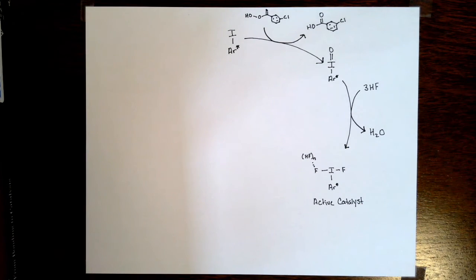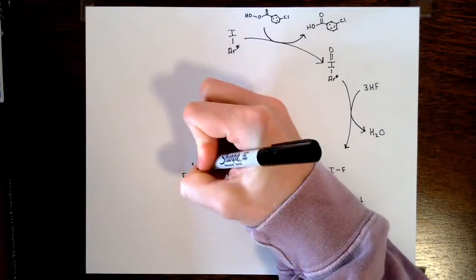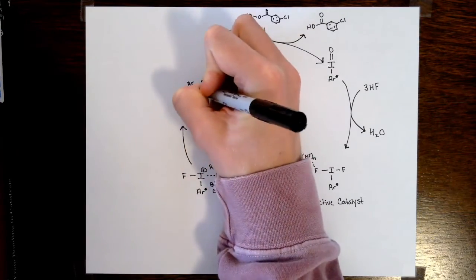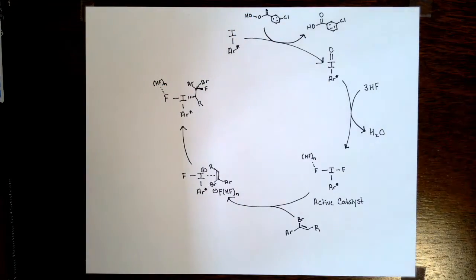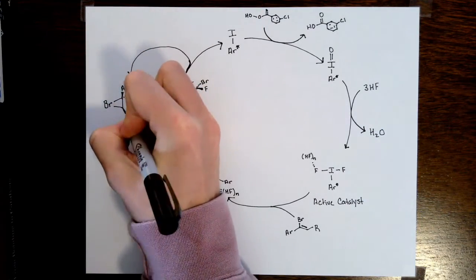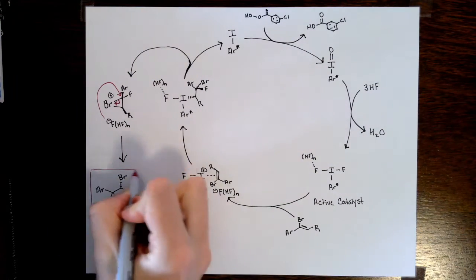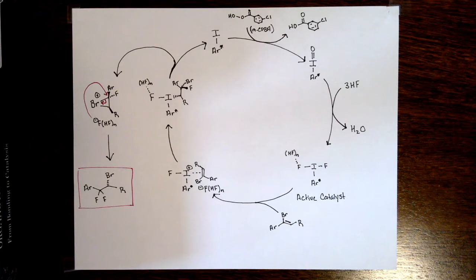This catalyst is activated then to coordinate your alkene to form an iodonium-like intermediate, which then undergoes the enantiodetermining step in the reaction, which is the fluoroiodination of the alkene, forming this alkyl iodinane. So this alkyl iodine is a common intermediate for a number of these functionalization reactions that are catalyzed by these chiral iodine catalysts. But this first step, which you could consider turning over the catalytic cycle, is the oxidation of the aryl iodide by mCPBA.